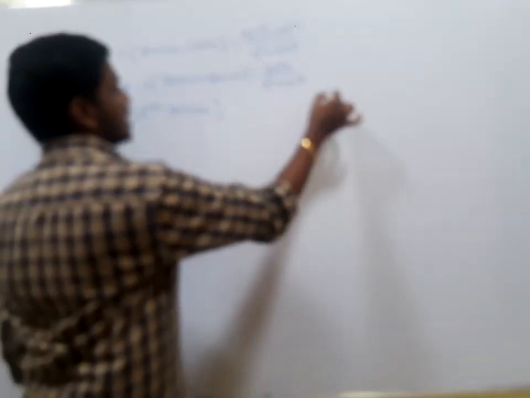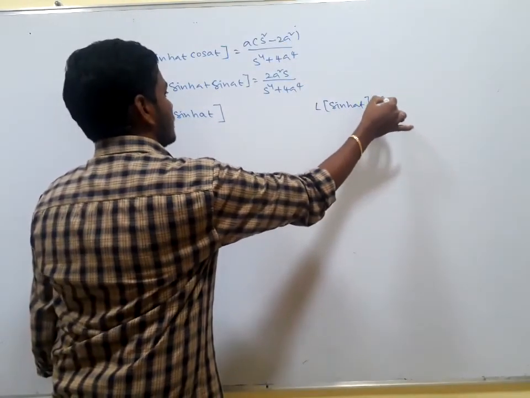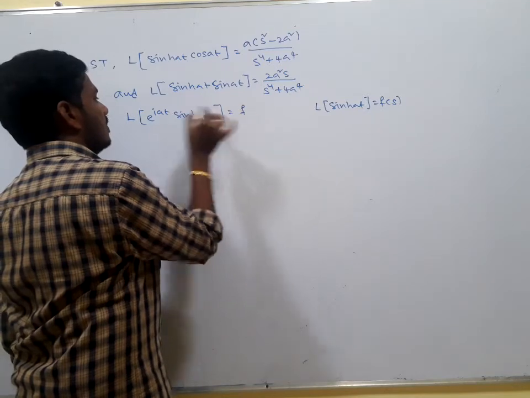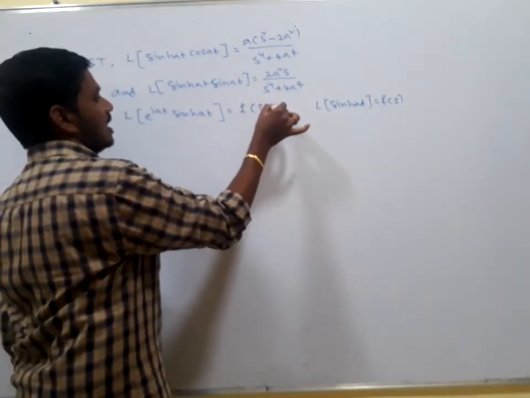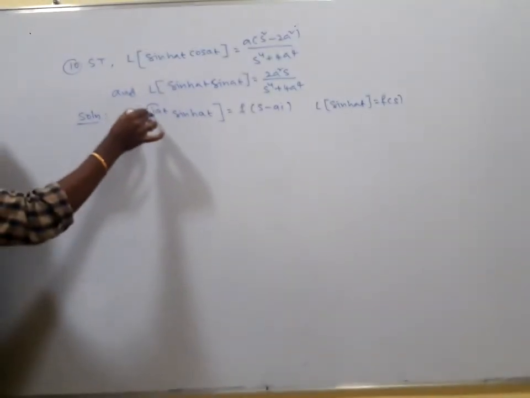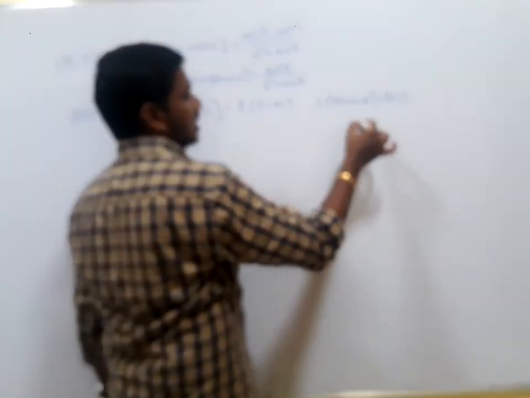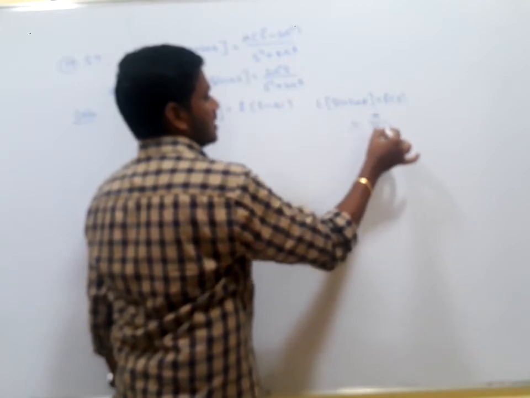If I am taking the Laplace transform of sinh at equal to F(s), which is F(s − ai) or F(s − ia). Is it clear? s − a, instead of a what we have, ia is there. Which is F(s), you know that this is a divided by s² − a².